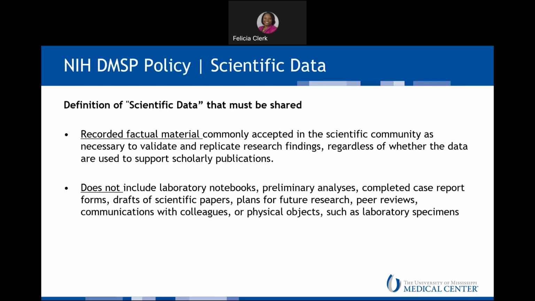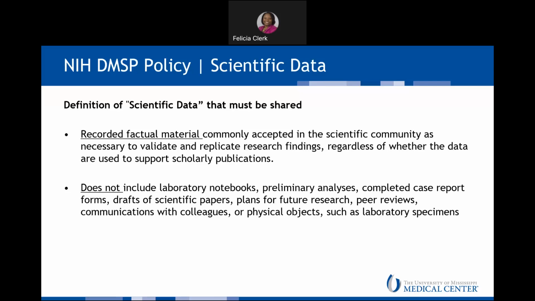Talked a little bit about this before about scientific data. What is considered scientific data? Here is the broad definition that the NIH provided. Recorded factual material commonly accepted in the scientific community as necessary to validate and replicate research findings, regardless of whether the data are used to support scholarly publication.